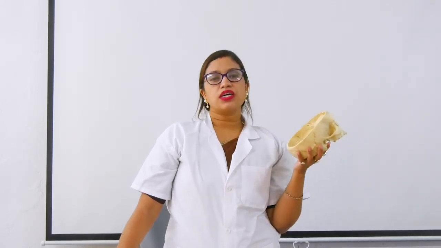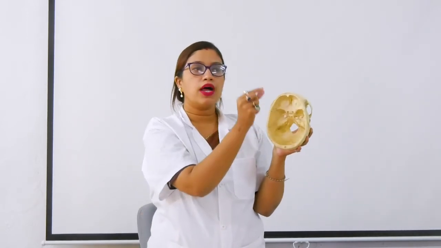So then next structure again we are having one lacerated margin. It is known as foramen lacerum. So again which structure passes? Lacerated margin. This one. So here you will have three foramina and here only one long foramen that would be lacerum.